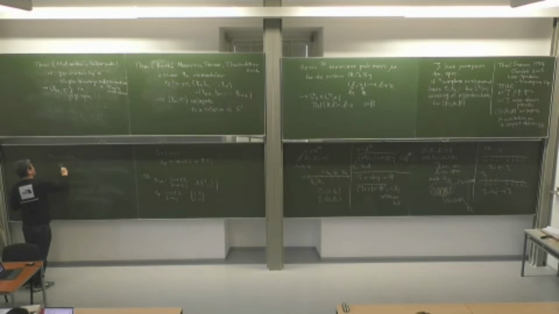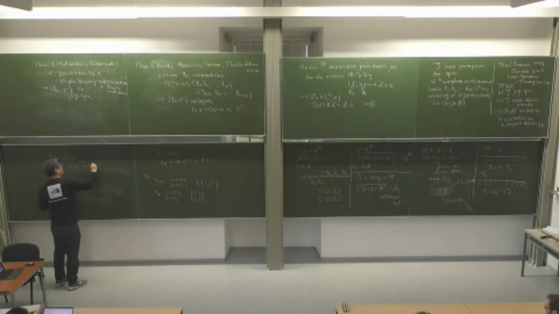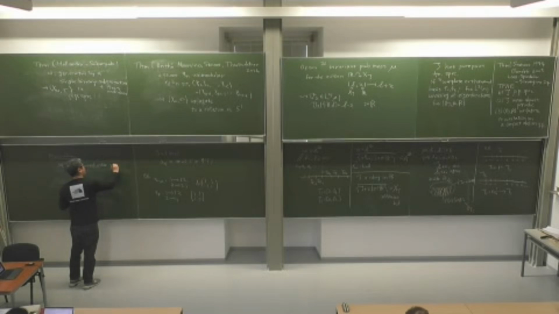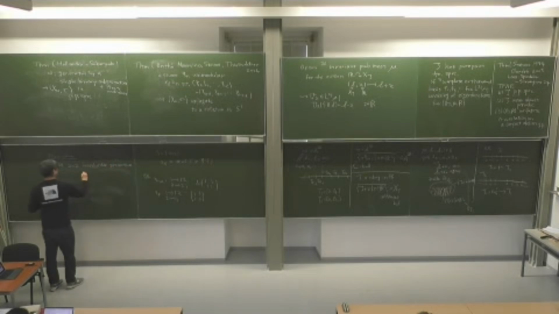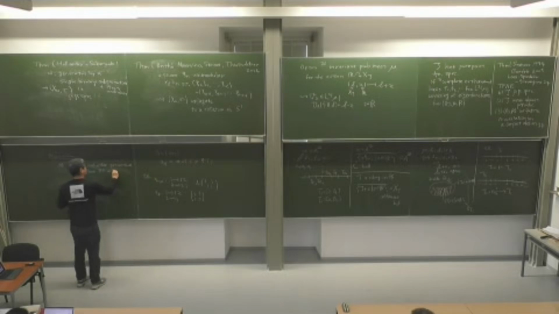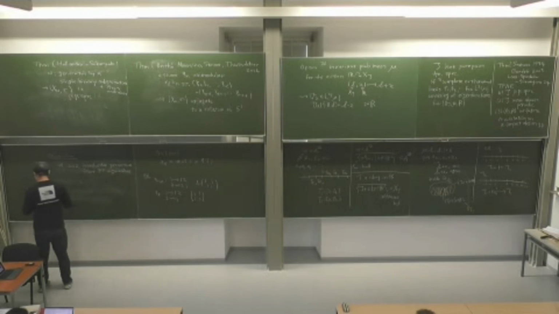So let's pick a 2 by 2 irreducible primitive Pisot matrix.